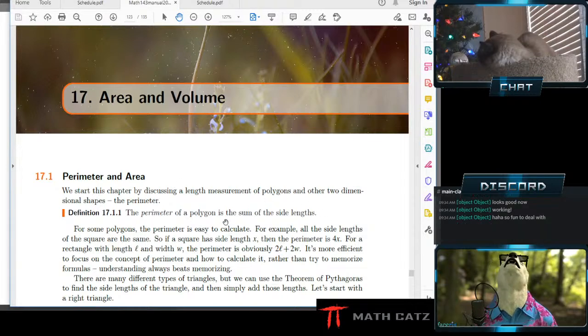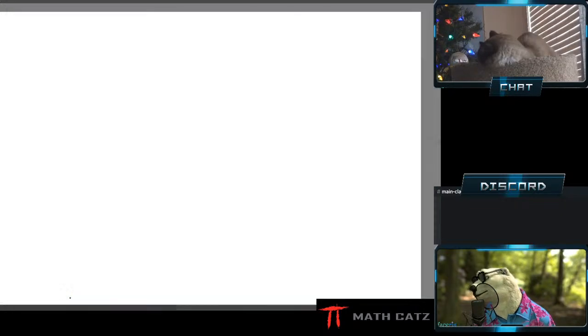In the case of a circle, we call it the circumference. I guess you could call it the circumference, but people tend to use the word perimeter for a shape that has line segments. Now, this isn't a complicated concept, but it does require that I need to know the side lengths in one way or another.